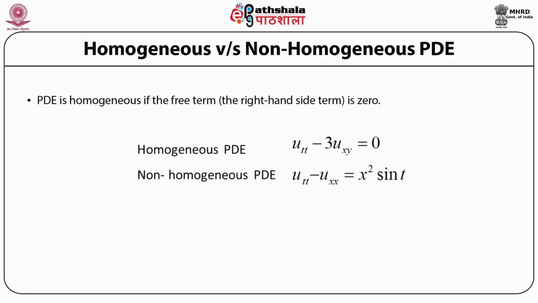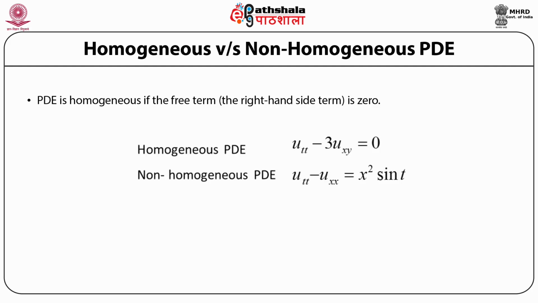A homogeneous equation is when all the terms are there and it is equated to a zero term. Zero term meaning it is not having any function u. For example, here it is u tt minus 3 u xy is equal to 0. In the second equation, we can see u tt minus u xx is equal to x squared into sin t.